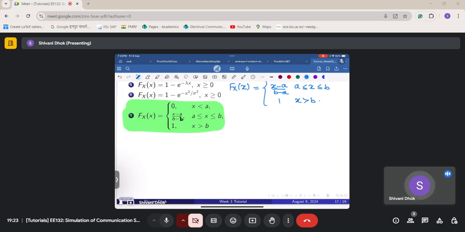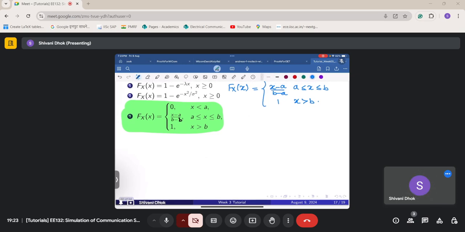Now what's happening here is fX(x), which is d/dx of FX(x), again has three cases. For x less than a, it is anyway 0.